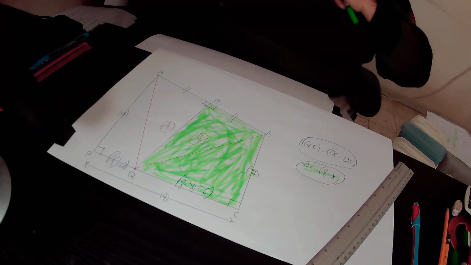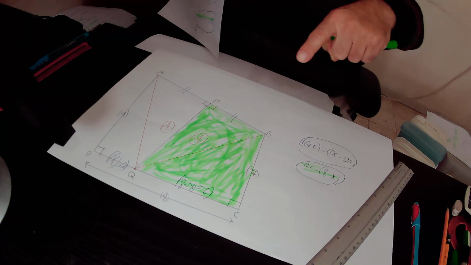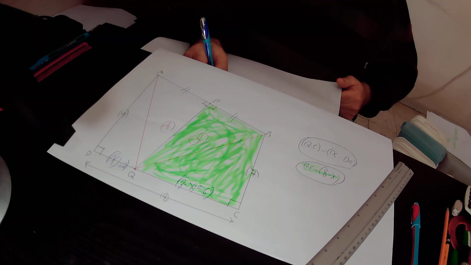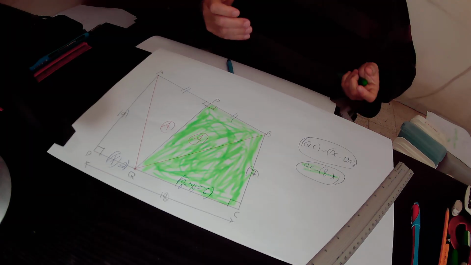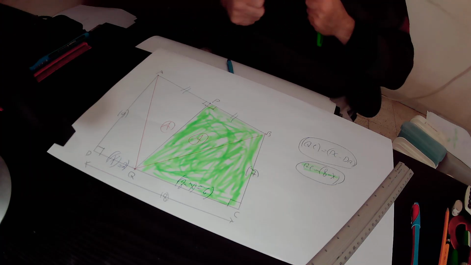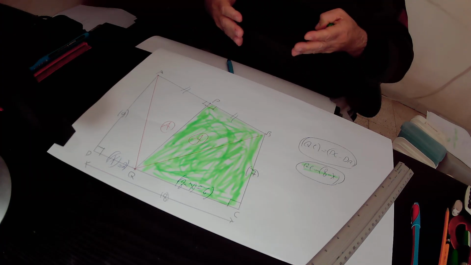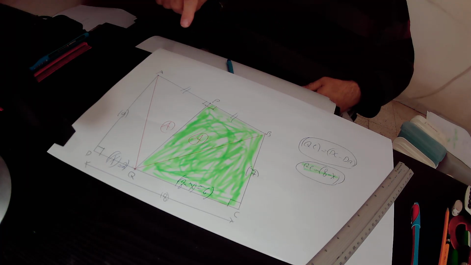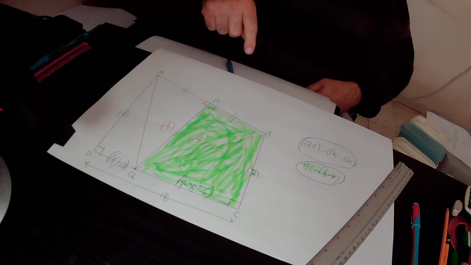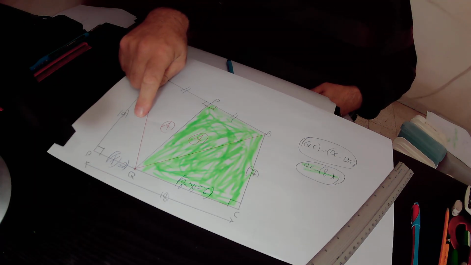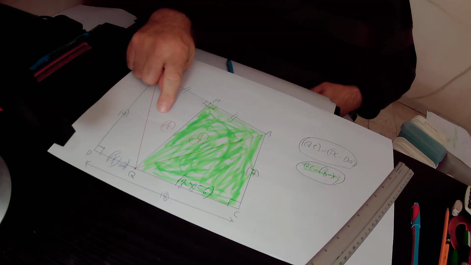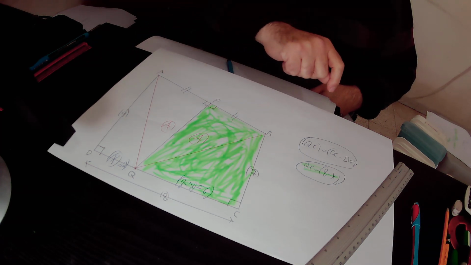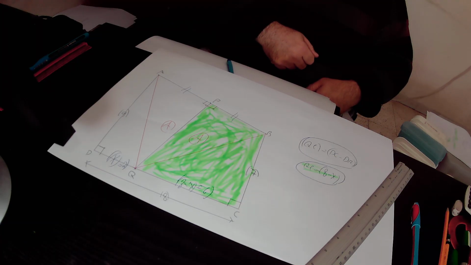Actually, we have another way to find the area of this big trapezoid ABCD. It is very clear that the area of trapezoid ABCD must be equal to the sum of the areas of the four components that it consists of. That is to say, the area of this big trapezoid must be equal to the area of the first component, plus the area of the second component, plus the third component, plus the fourth component.